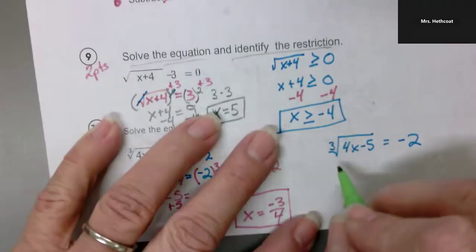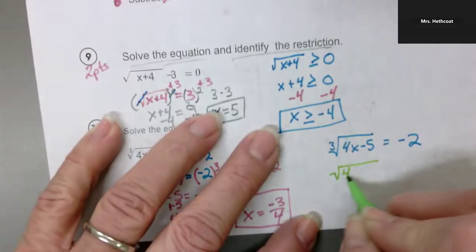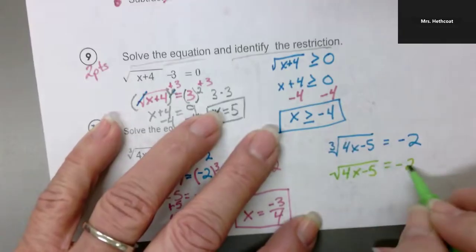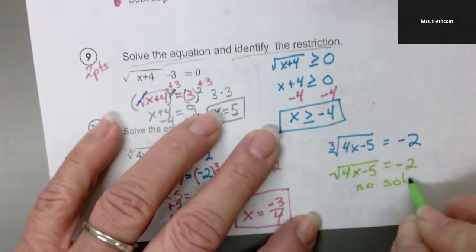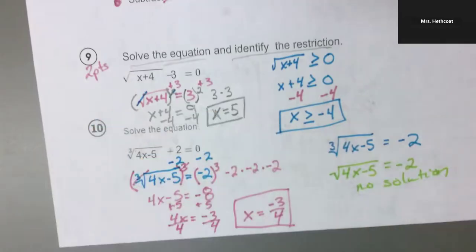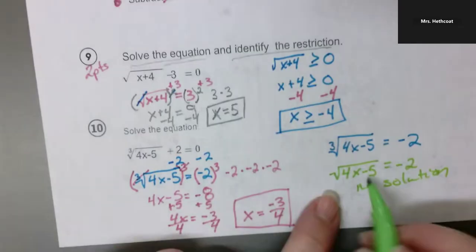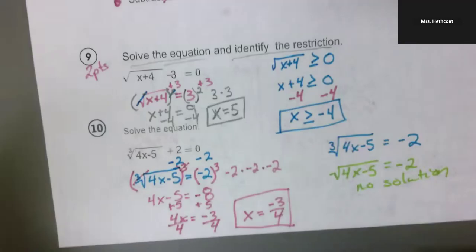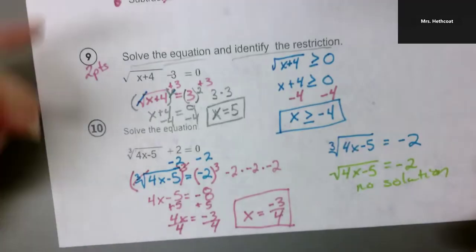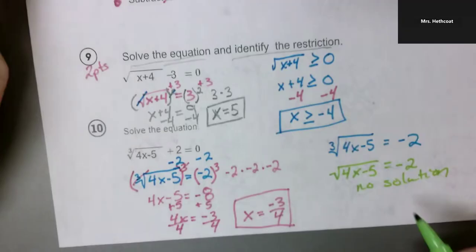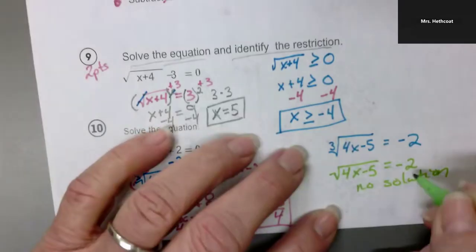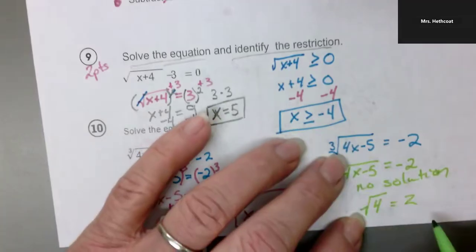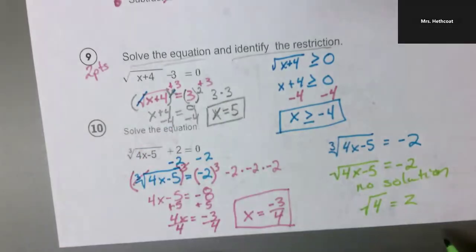But if this had been the square root of 4x minus 5 equals negative 2, this would be no solution, because there is nothing that will multiply times itself and give you that. It goes back to the examples with the 25 I was giving you. The square root of 4 is 2, but it doesn't equal negative 2, so you can't do it.